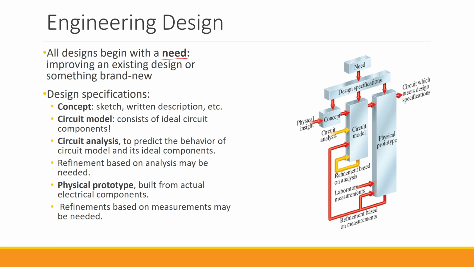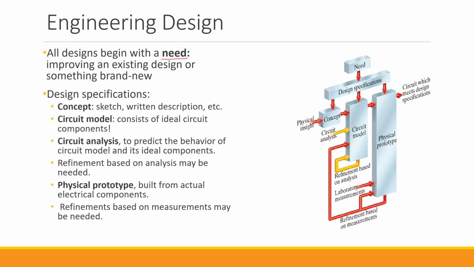The first specification is the concept, which can be either a sketch or a written description. Based on this concept, you create a circuit model that only consists of ideal circuit components. I will explain in more detail in a later video what I mean by an ideal circuit component.